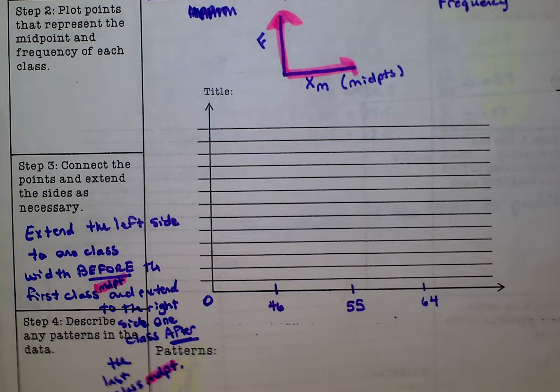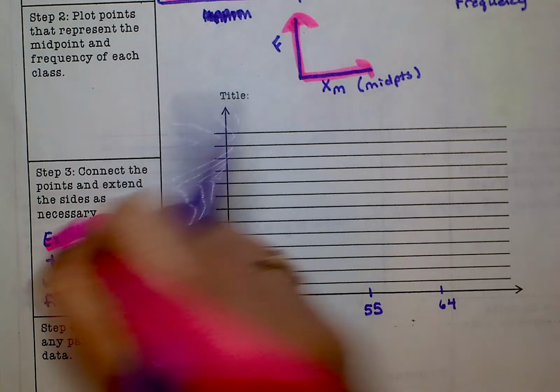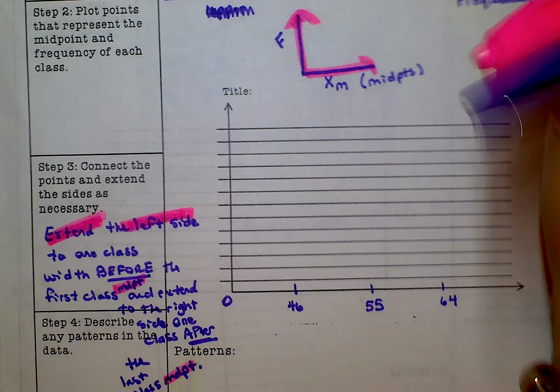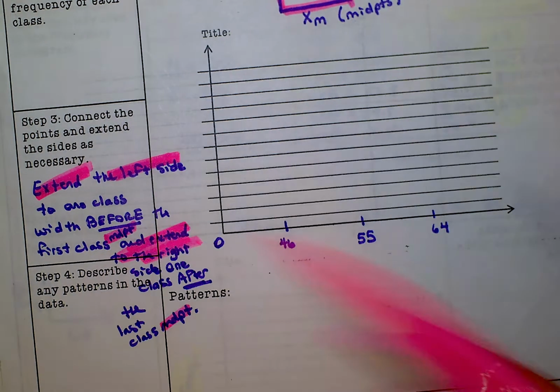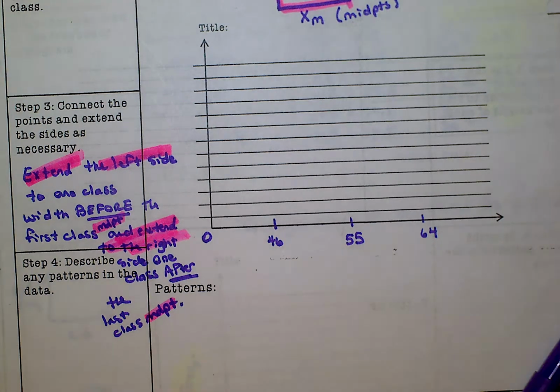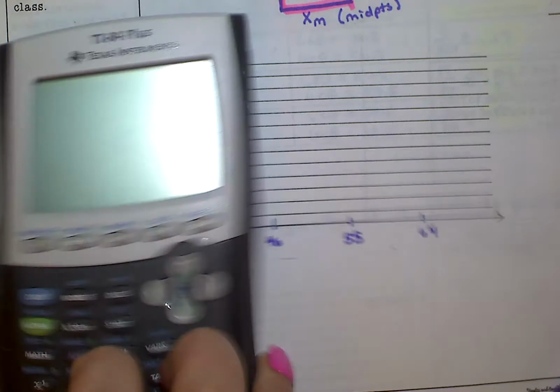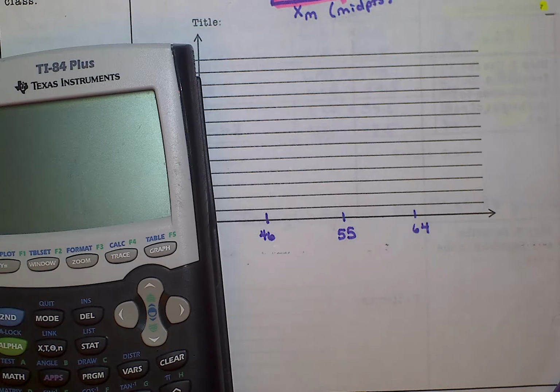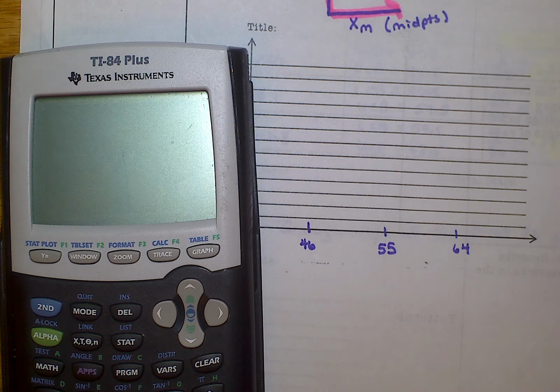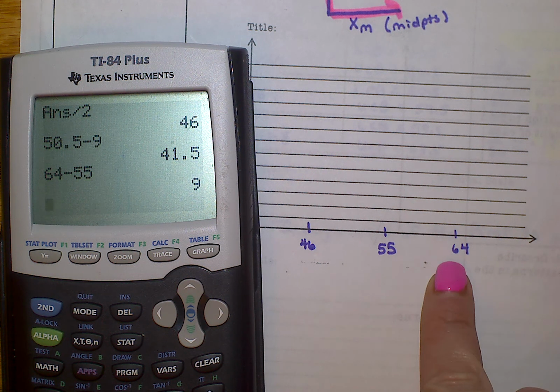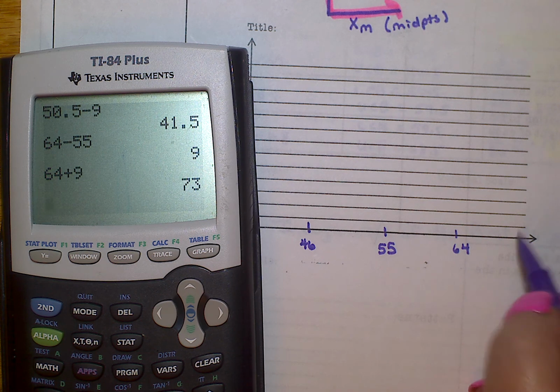Okay, now when I said extend, I'm fixing to show you this. You got to extend to the left and you got to extend to the right. So let's think about what this pattern is, okay? So if you have trouble figuring out the pattern, you can always do reverse, like 64 minus 55. So there's 9 units there. So I take the 64 and I add 9 to go to the right. So this would go out here at 73. Okay.